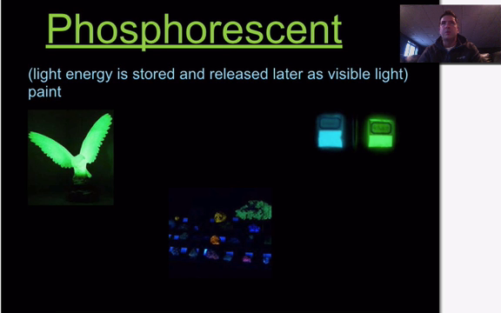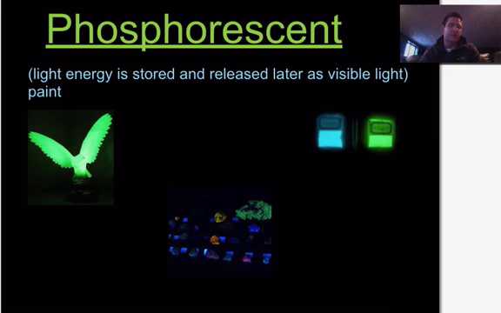It can be similar to fluorescent, where it can absorb ultraviolet light, and then emit it as visible light when it's combined with other chemicals in its composition. So your phosphorescent lights absorb light energy throughout the day, and they store it, and then at a later time they release it.